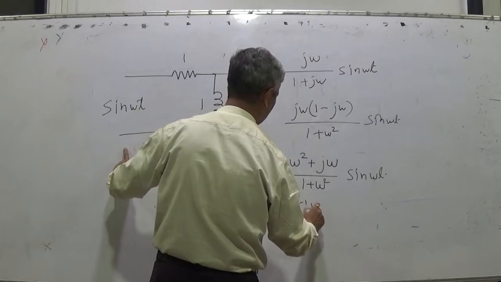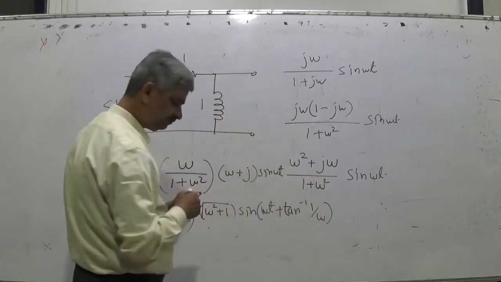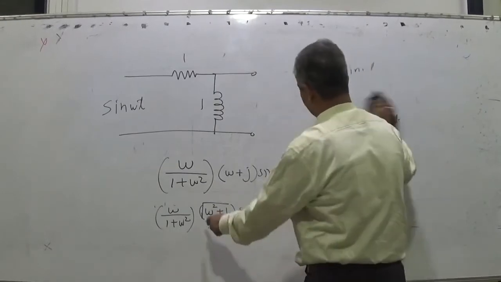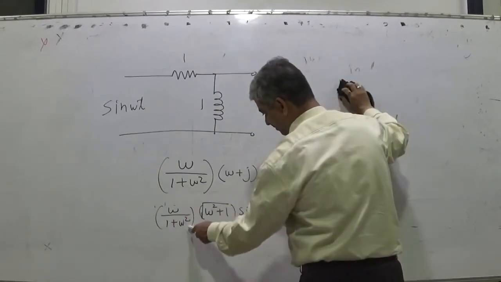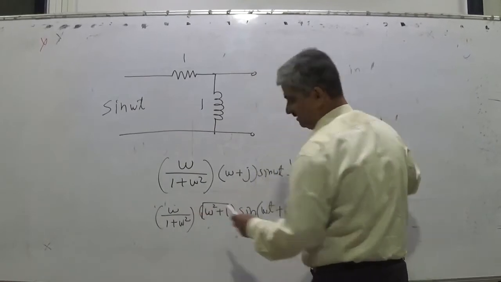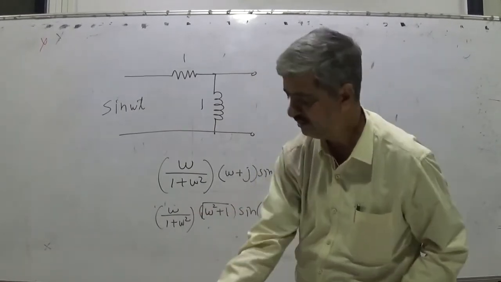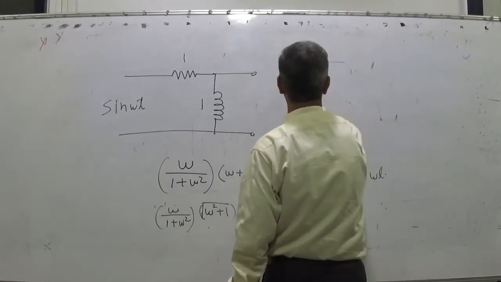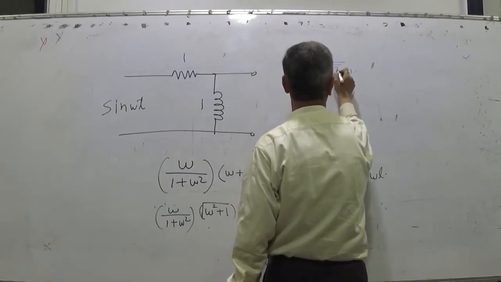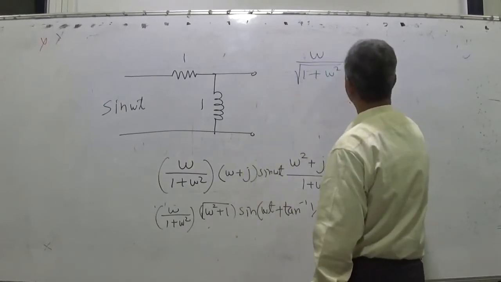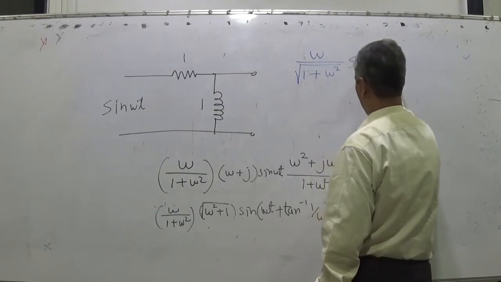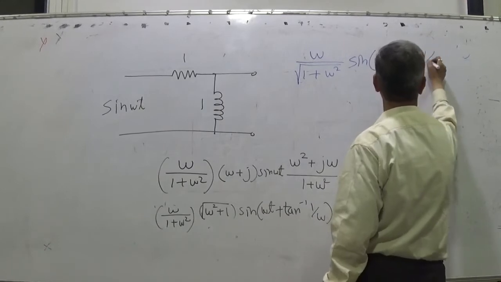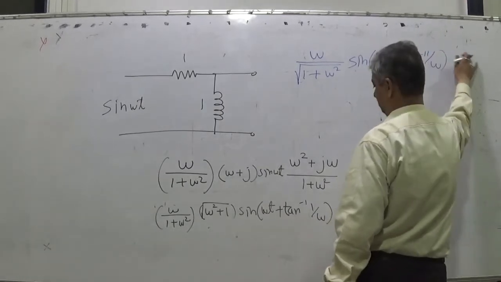So ultimately the output is omega upon under root 1 plus omega square, sine of omega t plus tan inverse of 1 upon omega.